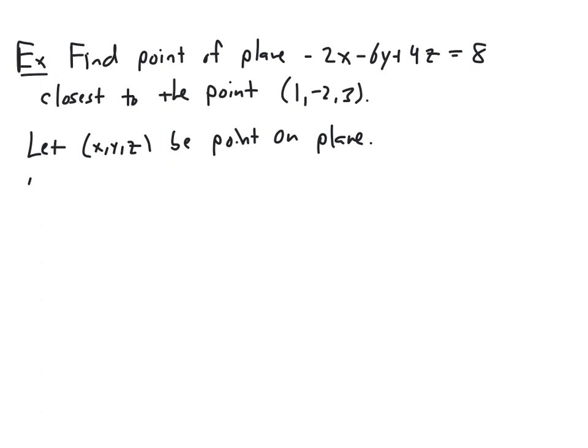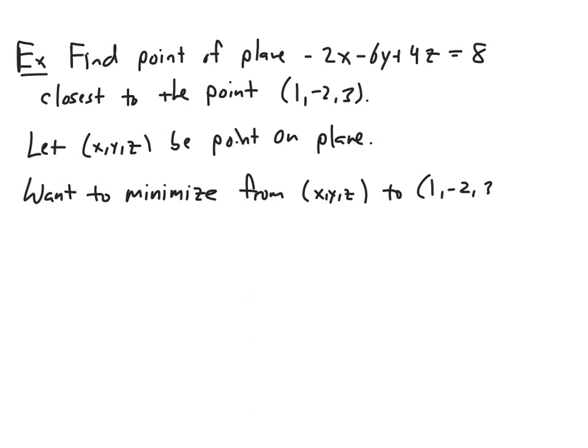And what we want to do in this problem is minimize the distance from x, y, z to 1, negative 2, 3, subject to the constraint that our point satisfies the equation of the plane.